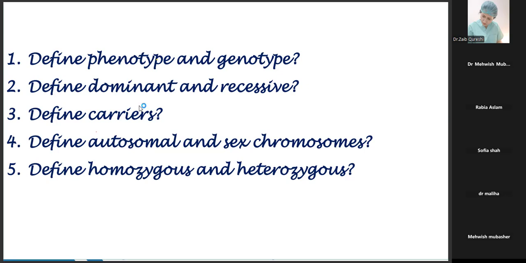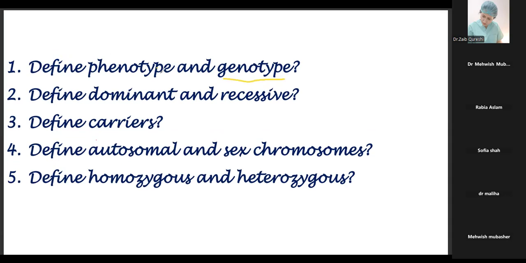But I also have DNA inside myself. That DNA inside my body is called genotype. It can have a lot of things which are not shown in the physical appearance. So phenotype is all about the physical appearance and genotype is our DNA.